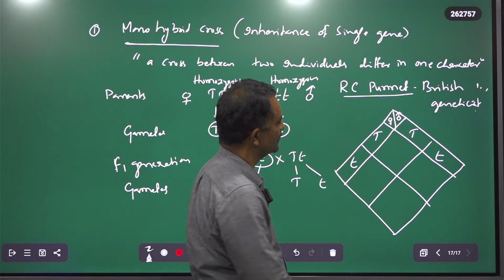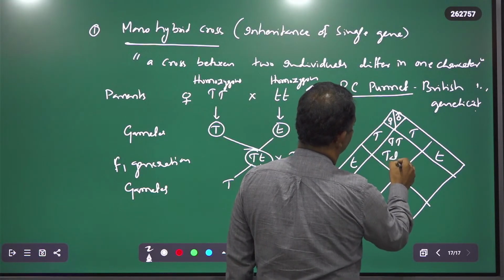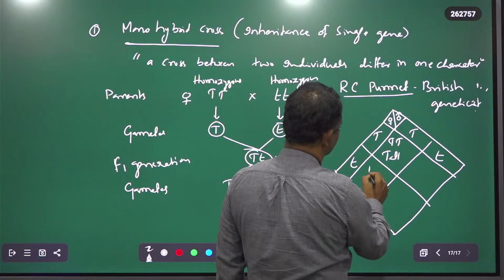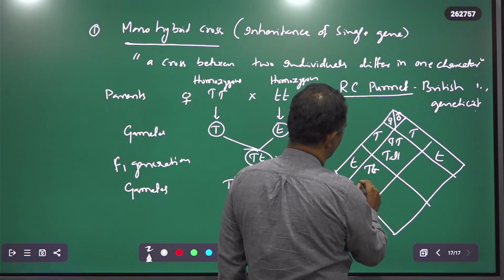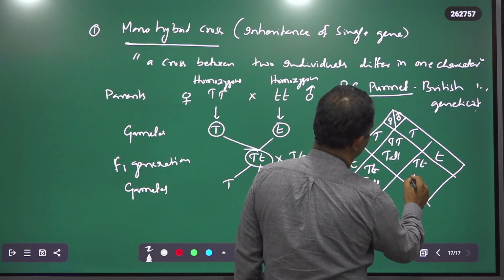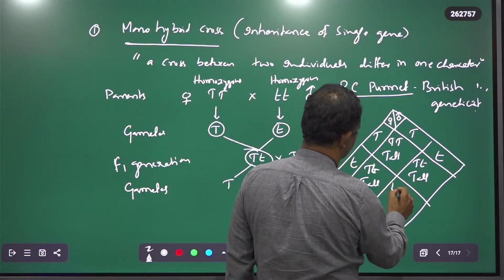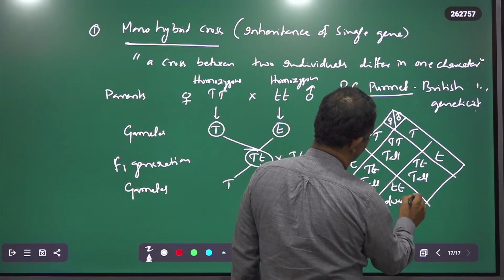Capital T, capital T, it is the tall plant. Capital T, small t, it is a tall plant. Capital T, small t, it is also a tall plant. Small t, small t, it is a dwarf plant.